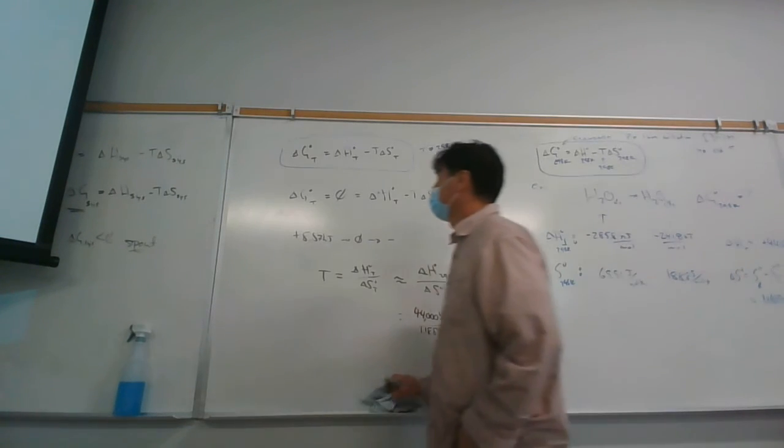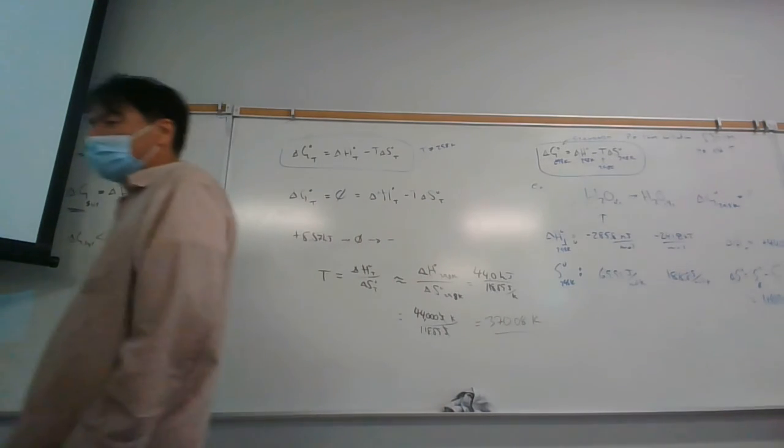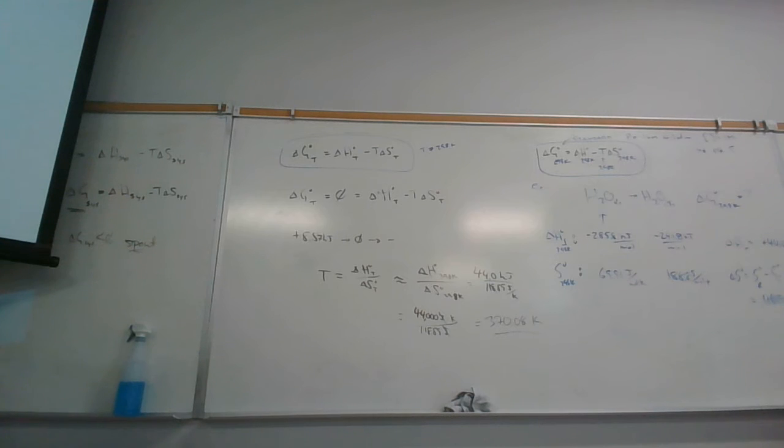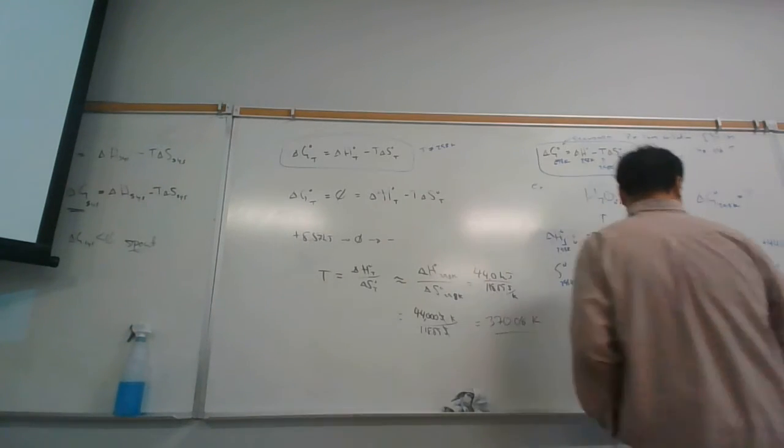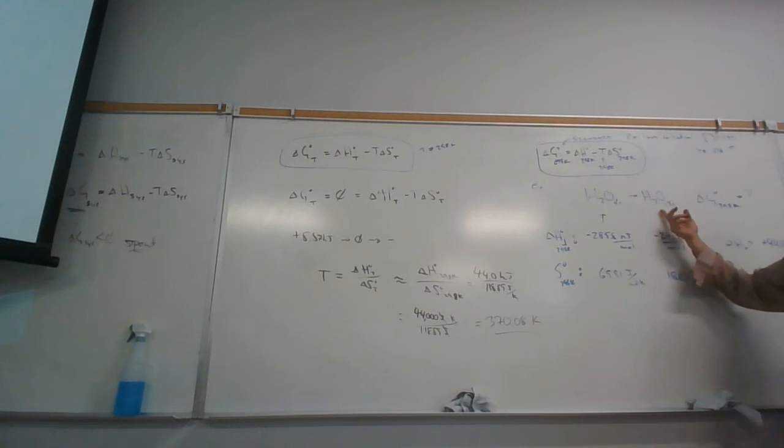So this is an example calculation of delta G under standard conditions, but at a temperature other than 298 Kelvin. What if atmospheric pressure is equal to vapor pressure?